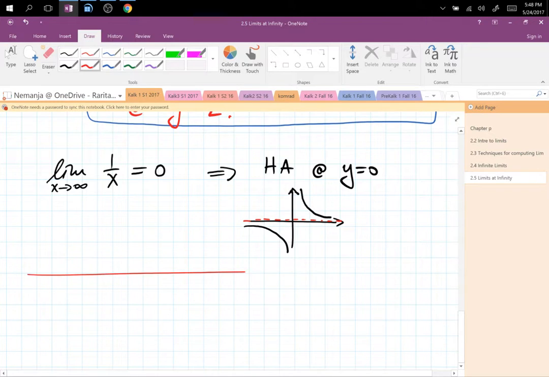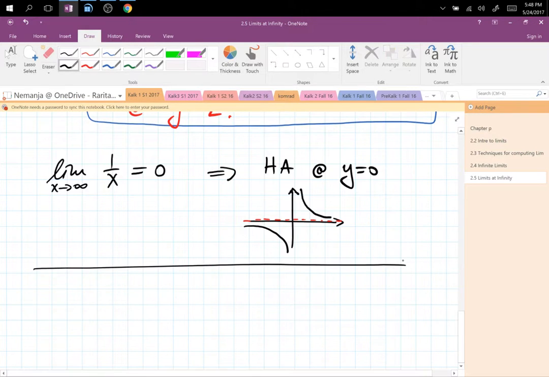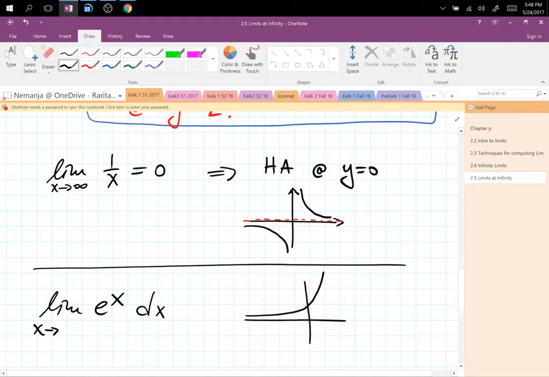Say e to the x. So limit as x goes to, and I'll just say, e to the x. So do you want to go to positive or negative infinity if you want to check whether e to the x has the asymptote or no? You want to go to negative infinity. Very good.